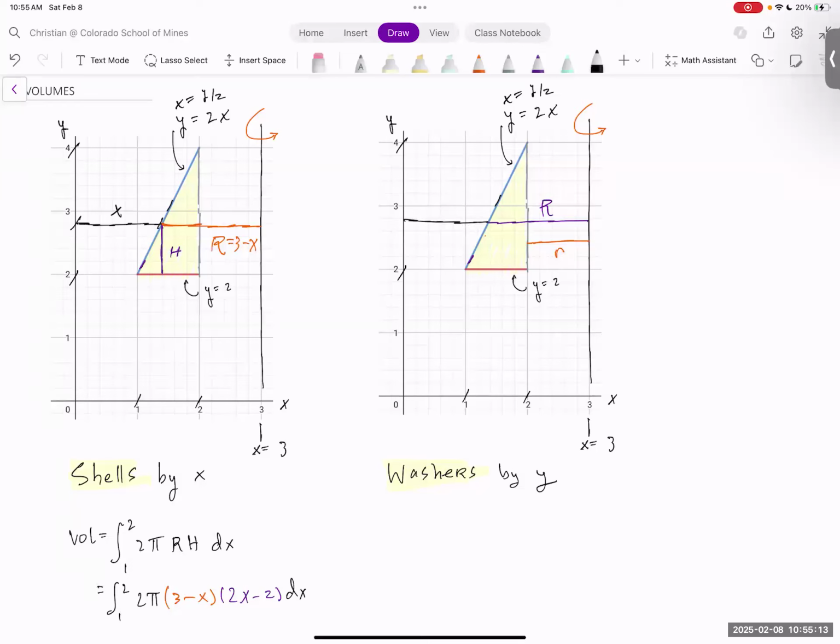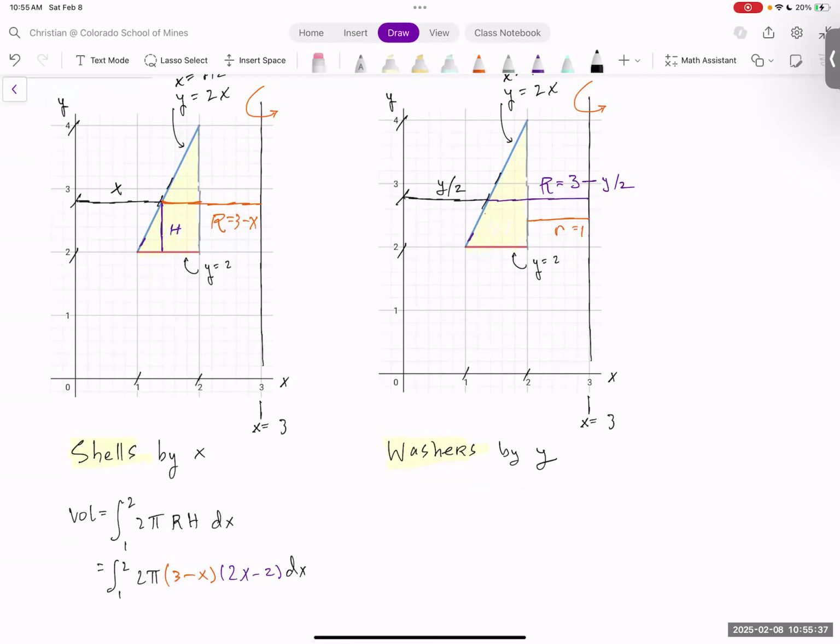This distance is x, but we're going to write it as y over 2. Again, the horizontal distance from the y-axis out to the curve is x equals y over 2. So our radius is going to be 3 minus y over 2, for the big R. Little r looks like it's 1 all the time.